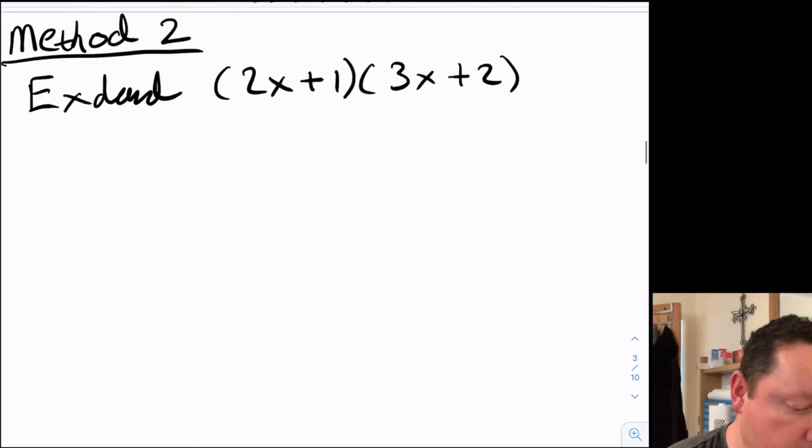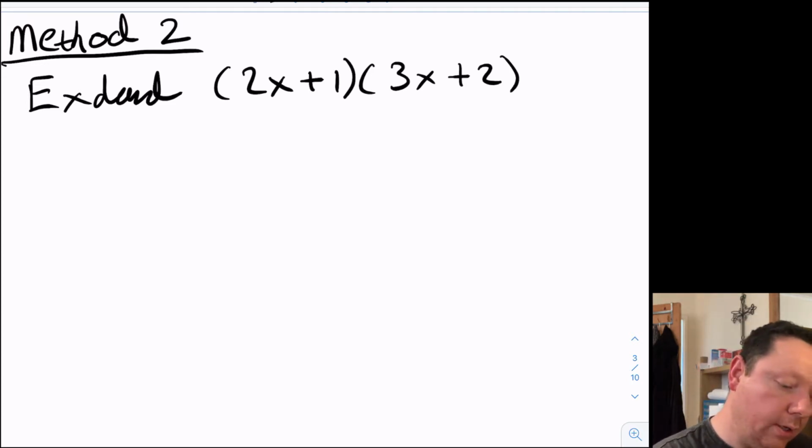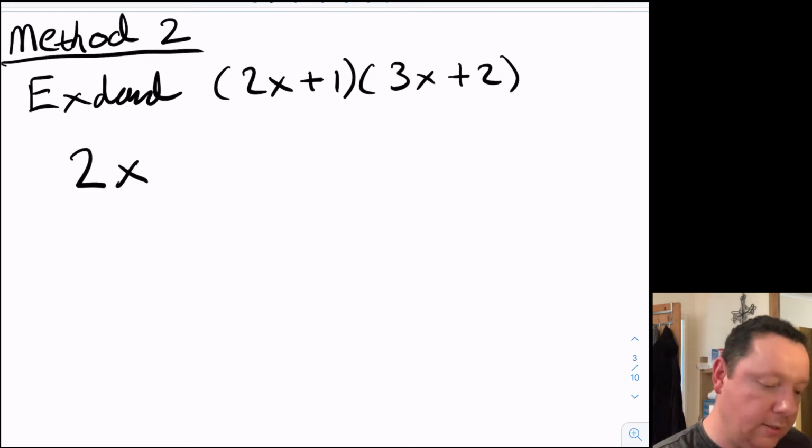So looking at exactly the same example, expand 2x add 1, 3x add 2, we can use the method of splitting the terms. Because what we can split it up into is two separate single brackets. You've got 2x has to be times by 3x plus 2.